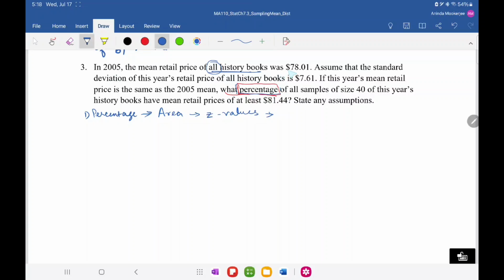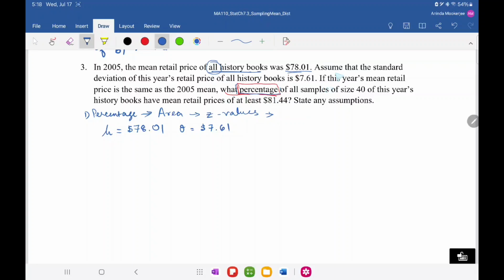That was $78.01, so I'm going to write mu equals 78.01. So we know our mean now. It says, assume that the standard deviation of this year's retail price of all history books is 7.61. So now I know the population standard deviation, which is $7.61. We have to then find X bar.